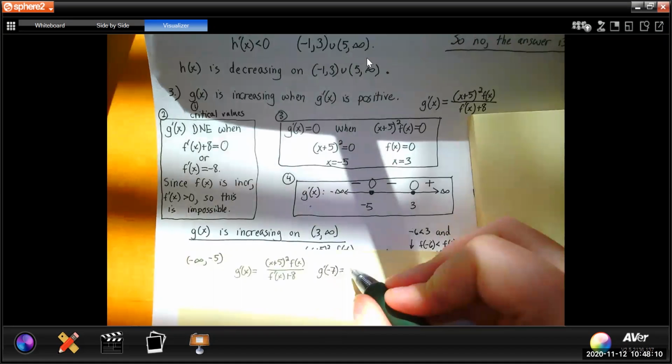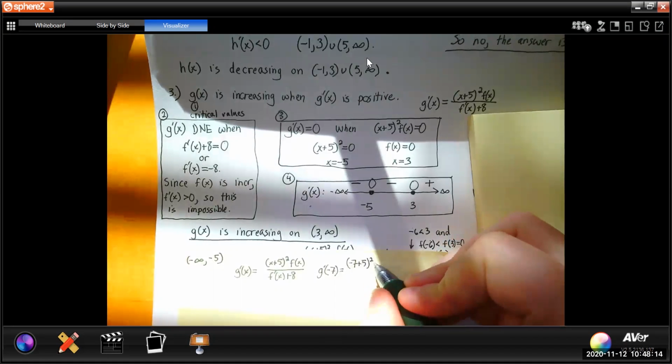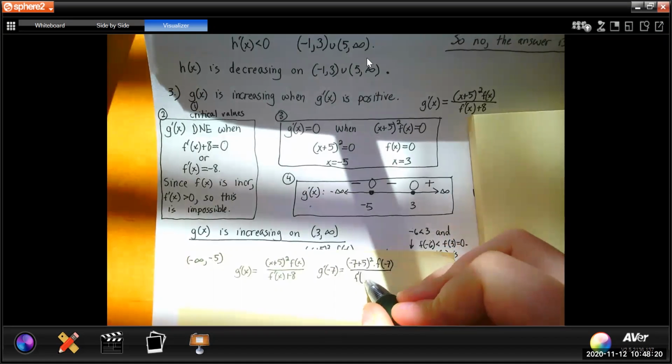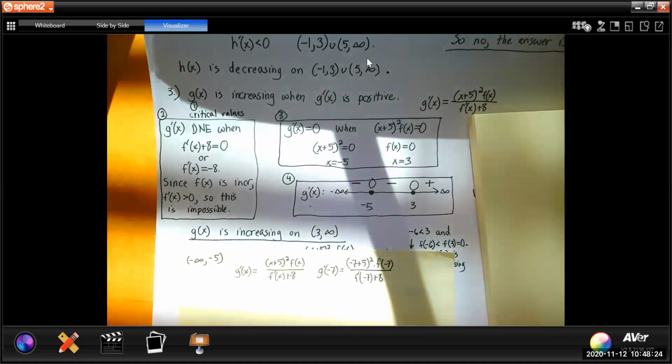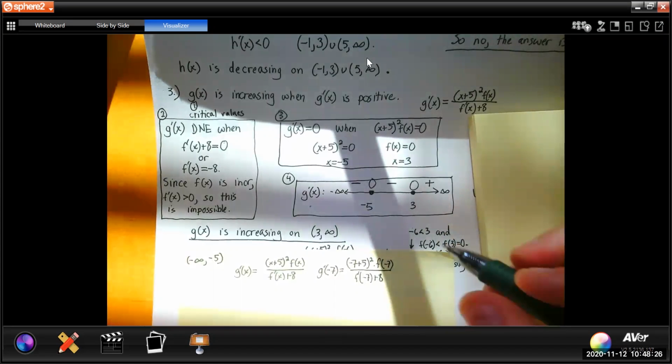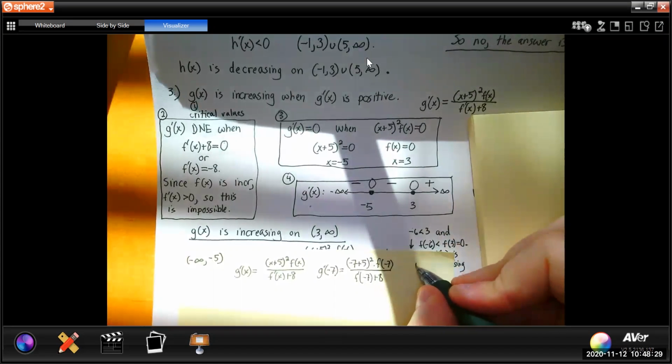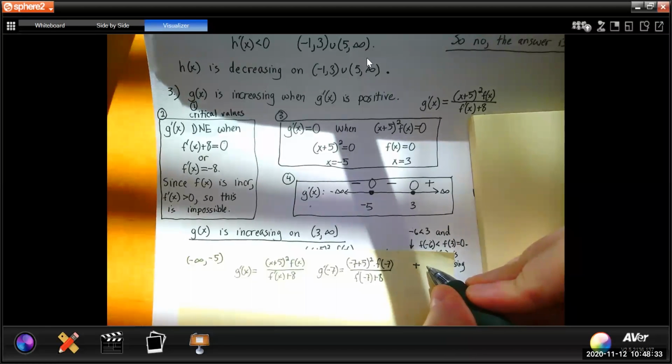So if we look at g prime of -7, we've got (-7 plus 5) quantity squared times f of -7 divided by f prime of -7 plus 8. And we're looking at this and thinking that's not super helpful. Like, sure, (-7 plus 5) quantity squared is positive, but what about f of -7?